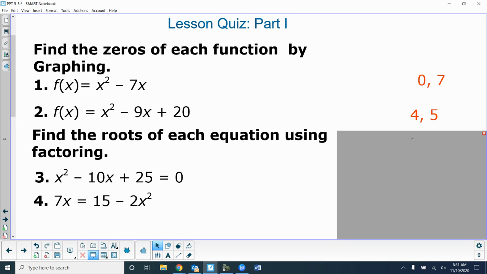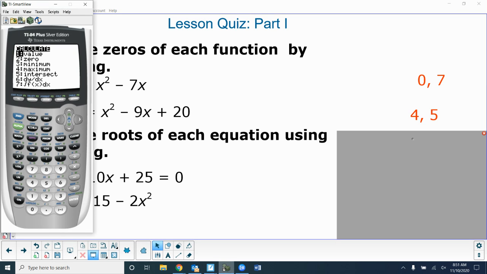Wait, let's do math now. How do I get the second point? Because I got on a table and it shows 4 and 5, but they're both in the... Is it supposed to be in the X column? The zeros will be in the Y, and then it should be a 4. You should see 4, 5, and 0, 0.